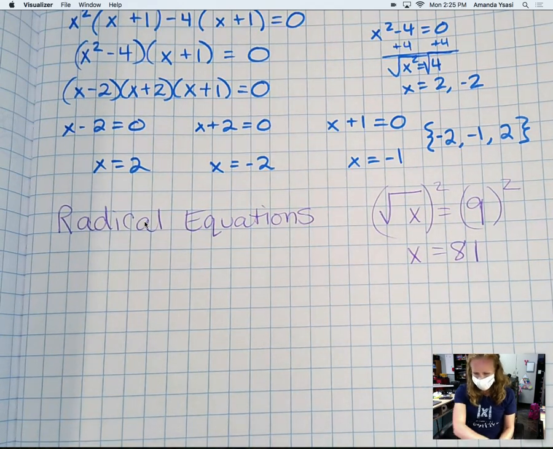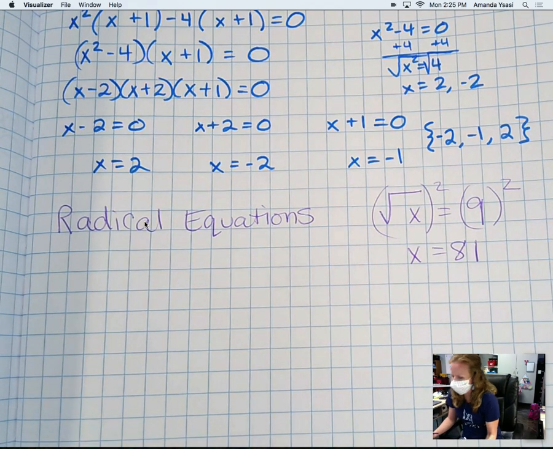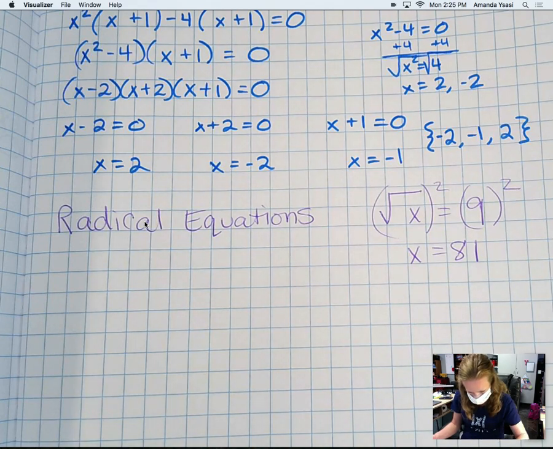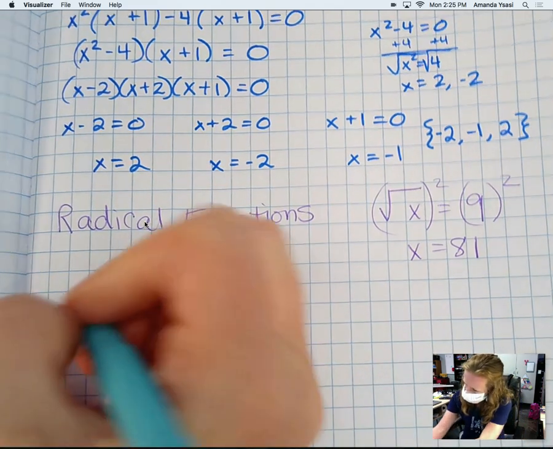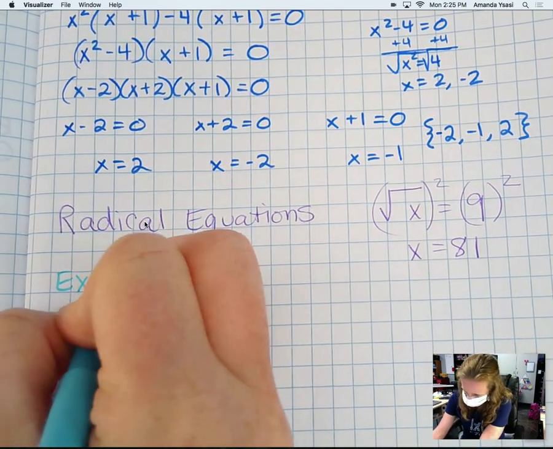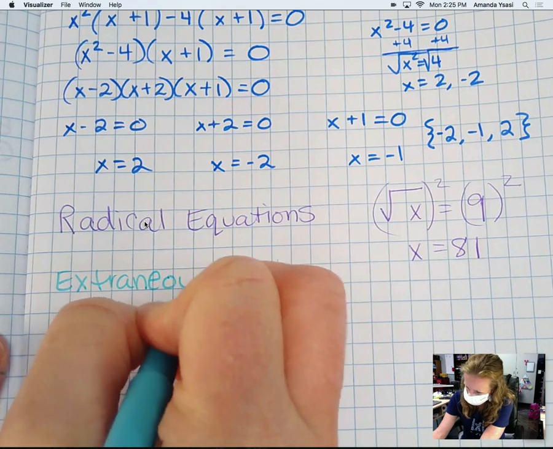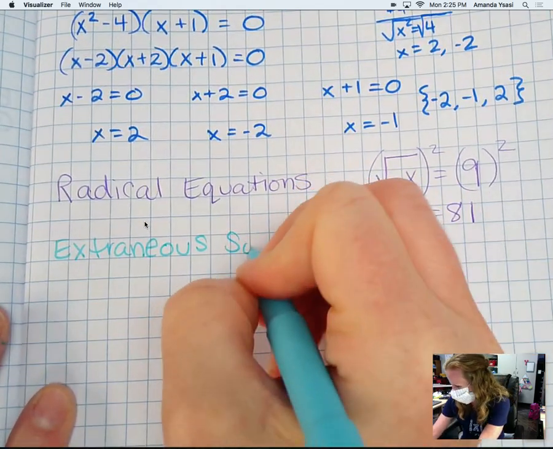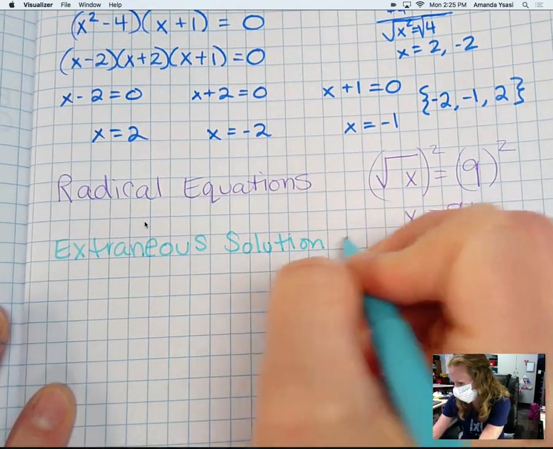But before we really get into talking about the radicals, we need to know a little bit about extraneous solutions, which solutions are also called roots.